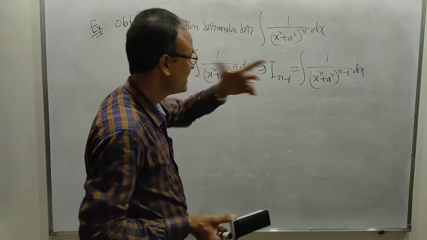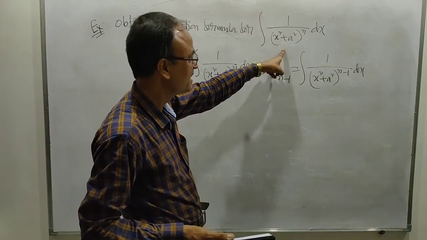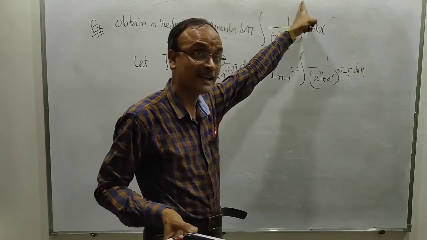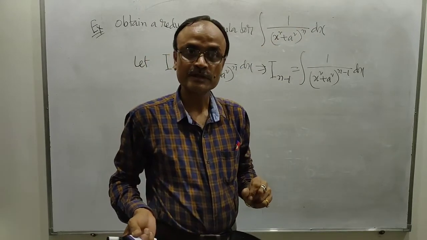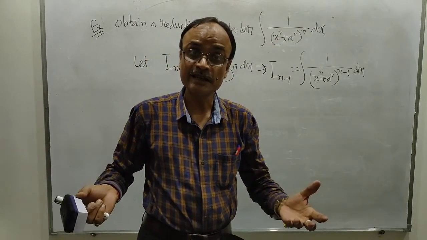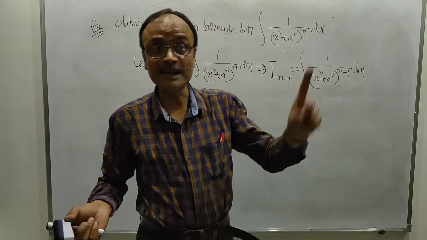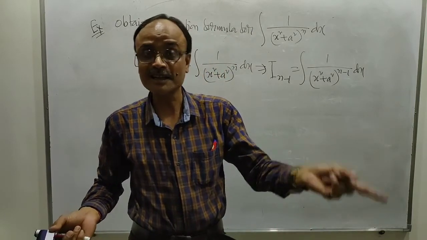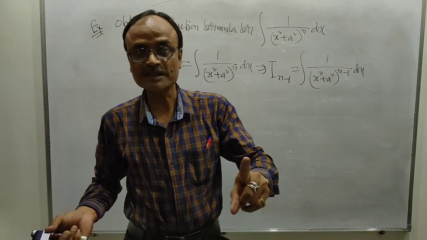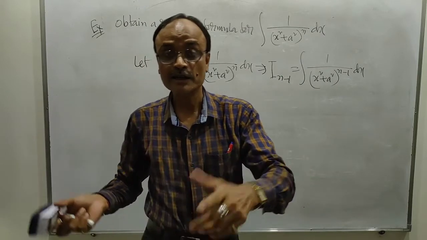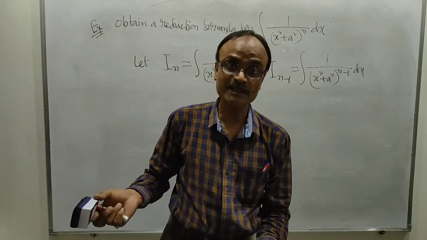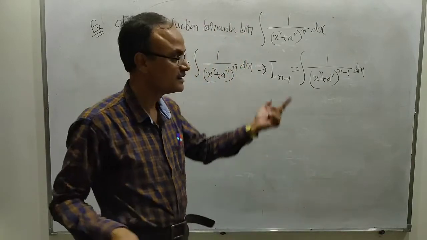Now you see, what is this? (x square plus a square) whole to the power minus n. If you differentiate this, it will be minus n into (x square plus a square) whole to the power minus n minus 1. This is 1 by (x square plus a square) whole to the power n plus 1.